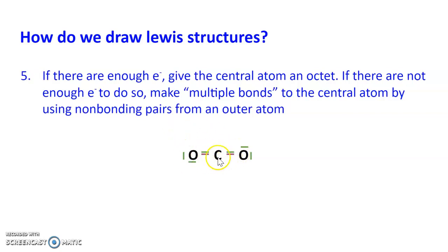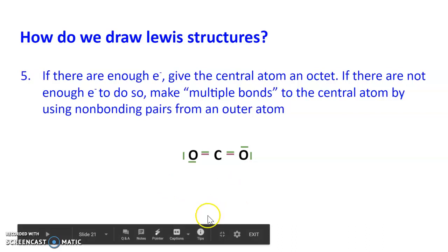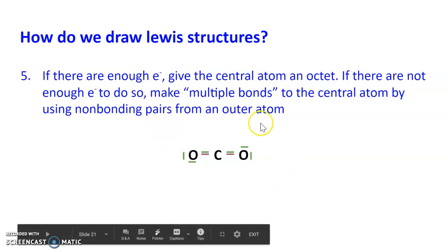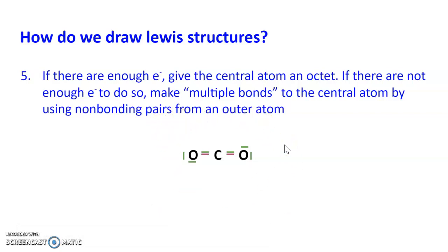Because carbon would still think it had 4, and the oxygens would still be satisfied, but you really don't want to make multiple bonds unless you have to, and making a triple bond is a lot more intense than making a double bond, and our molecules tend to like to be symmetrical because that's usually the most electronically stable thing.